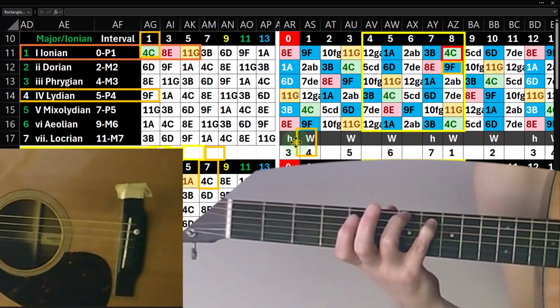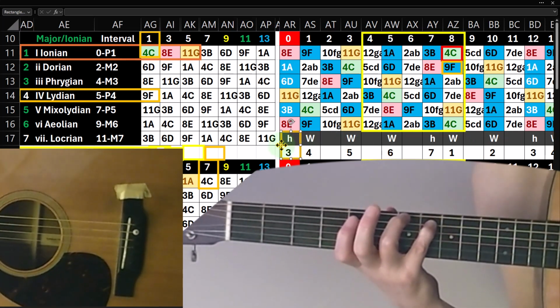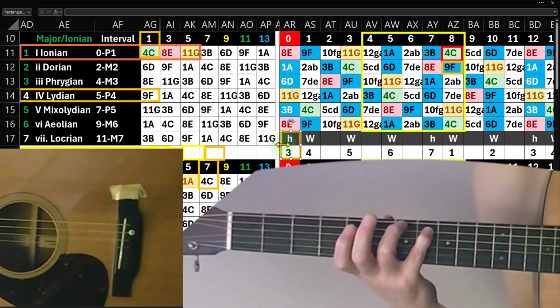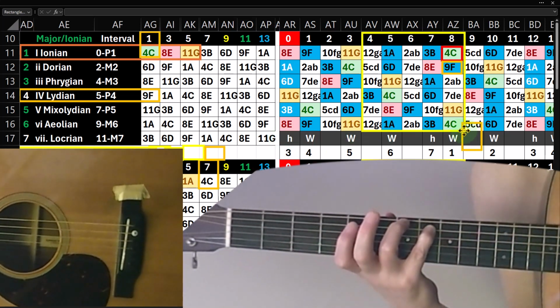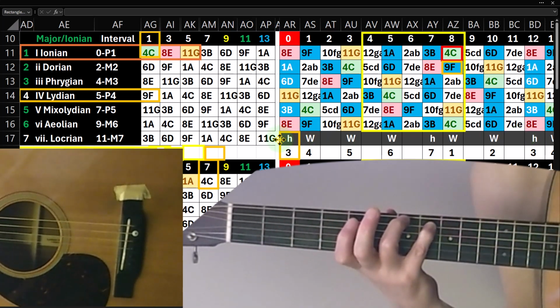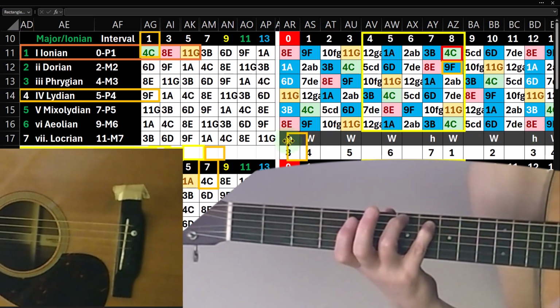So now we're going to go from the 4th to the 5th.